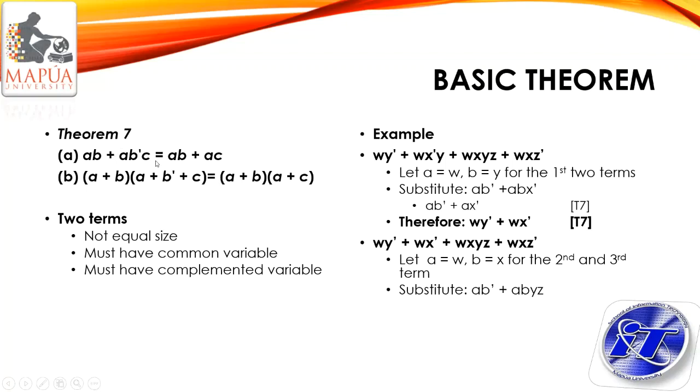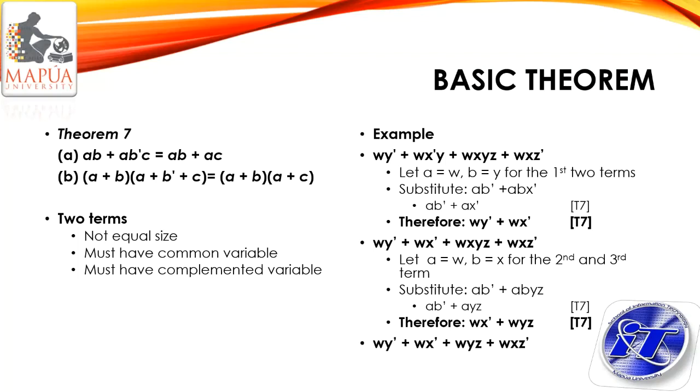YZ is equivalent to C. Therefore, we have AB plus AC or AB naught plus AYZ. So the expression will be Wx naught plus Wyz. Now we have this equation: Wy naught plus Wx naught plus Wyz plus Wxz naught.